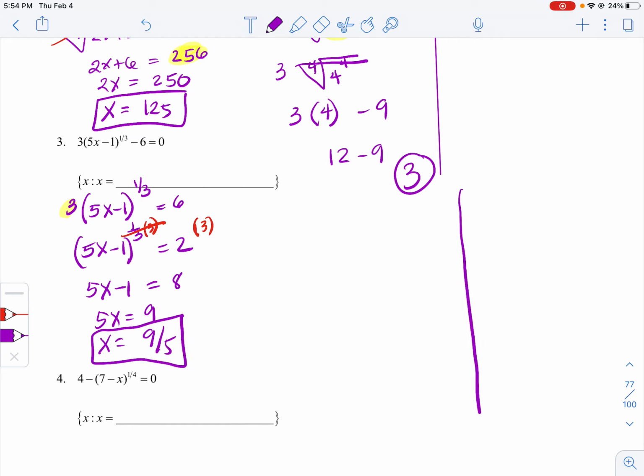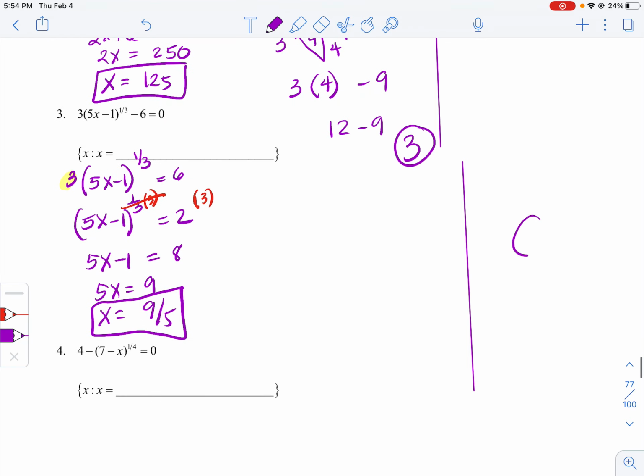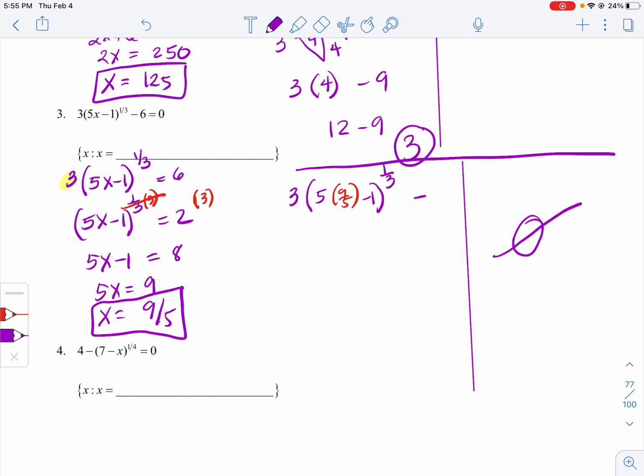So let us put that into action. I have a big 0 on the other side of my equation. Let me check. Can I plug in now? 9 over 5 minus 1 to the power of 1/3 minus 6.